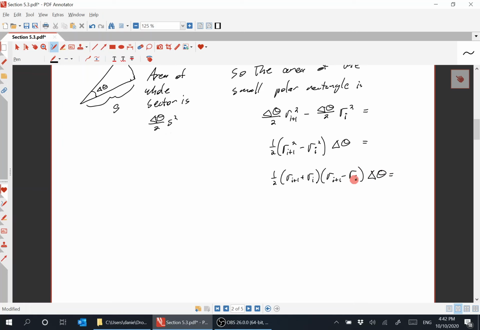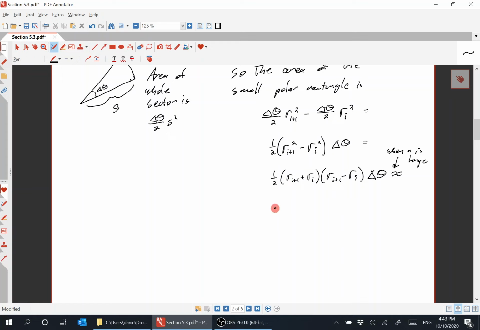Right? Well, what's this right here? No, sorry, this is delta R. This whole thing here is approximately equal to, now, when n is large, R_i and R_{i+1} are not that much different.